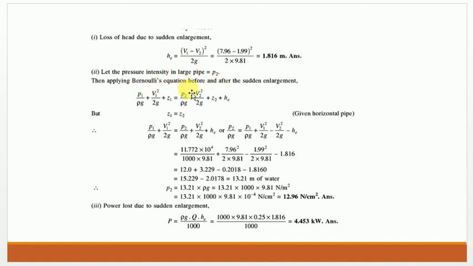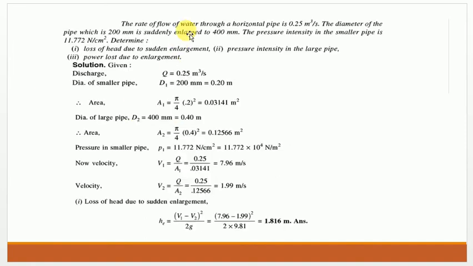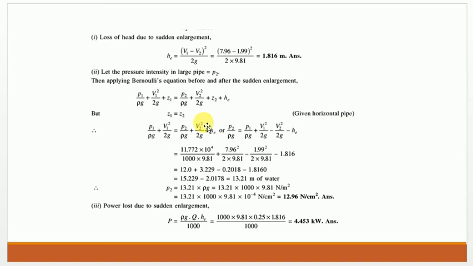Let the intensity of pressure in the larger pipe be P2. We know P1, so we find P2. Based upon Bernoulli's equation, P1 by rho g plus V1 square by 2g plus Z1 will be equal to P2 by rho g plus V2 square by 2g plus Z2 plus head loss due to sudden expansion. It's a real fluid, so we consider the head loss. It's already said in the statement that it's a horizontal pipe, so Z1 will be equal to Z2.